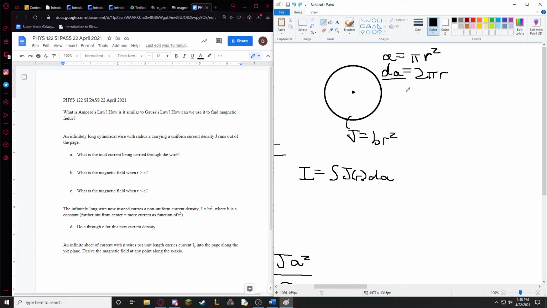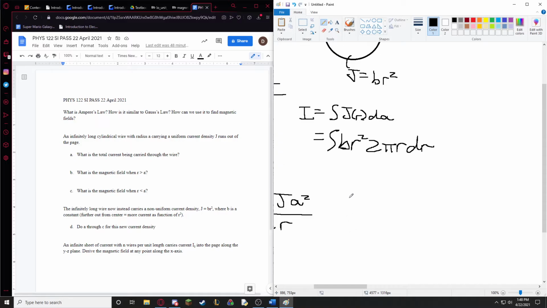So we can move our dr over here. Yeah, you're differentiating with respect to r. Exactly. So we have dA is equal to 2 pi r dr. We can plug this in here. So this is equal to the integral of B r squared, that's our J, times 2 pi r dr.